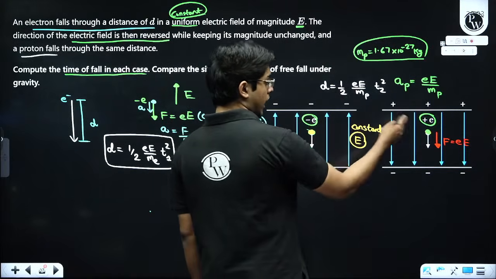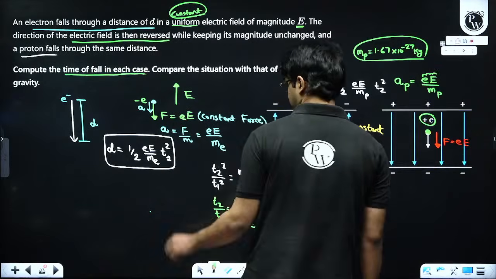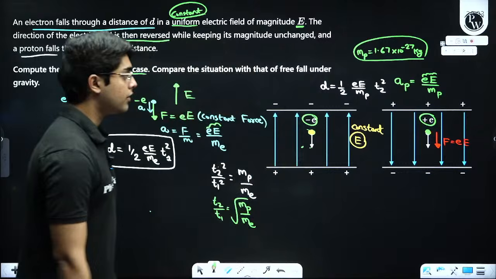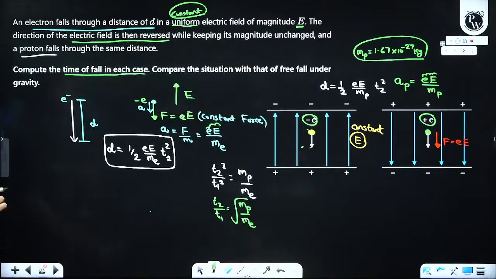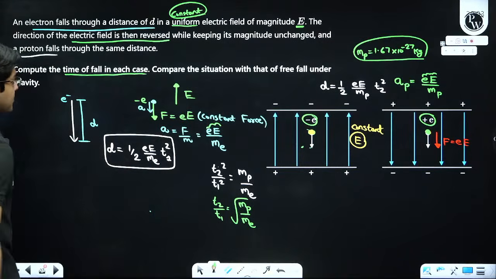Because their charge is the same, the force on them is the same. The force will be E into E, right? But the mass being different changes the acceleration. So that is the main idea in this question. After that it is just the free fall equation, S is equal to half AT square.